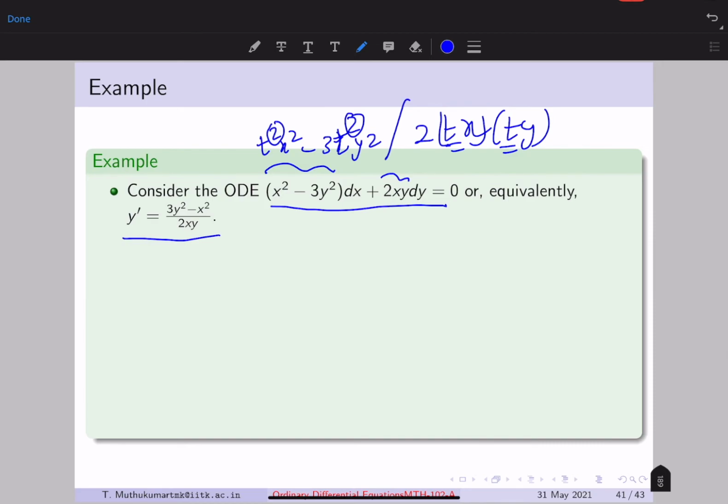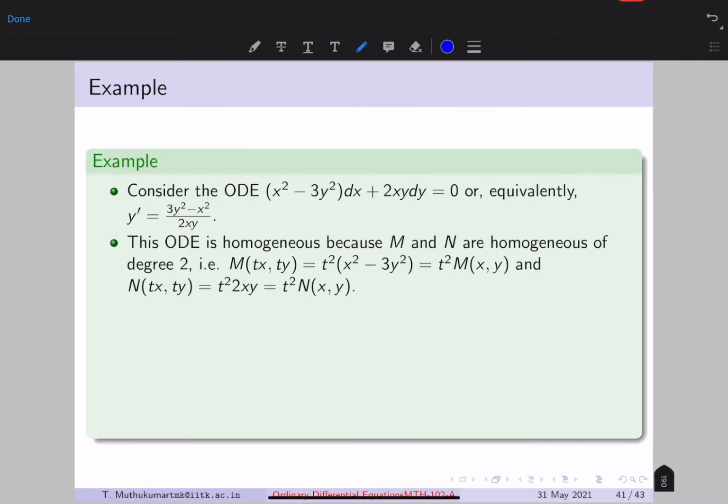So this is a homogeneous ODE, there is no confusion about it. Now how do we solve it? What I just showed you is what I have written here. So M is homogeneous of degree 2, this is M and this is N. N is also homogeneous of degree 2. So the given ODE is homogeneous.